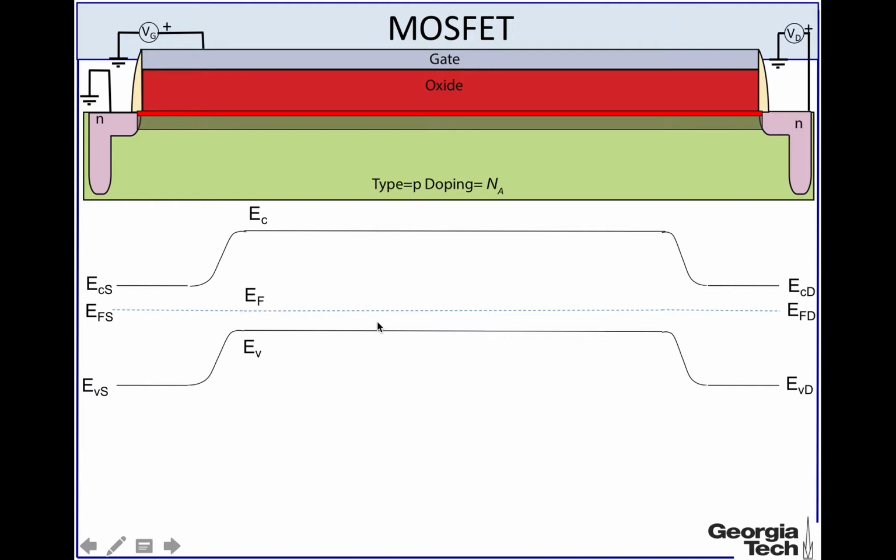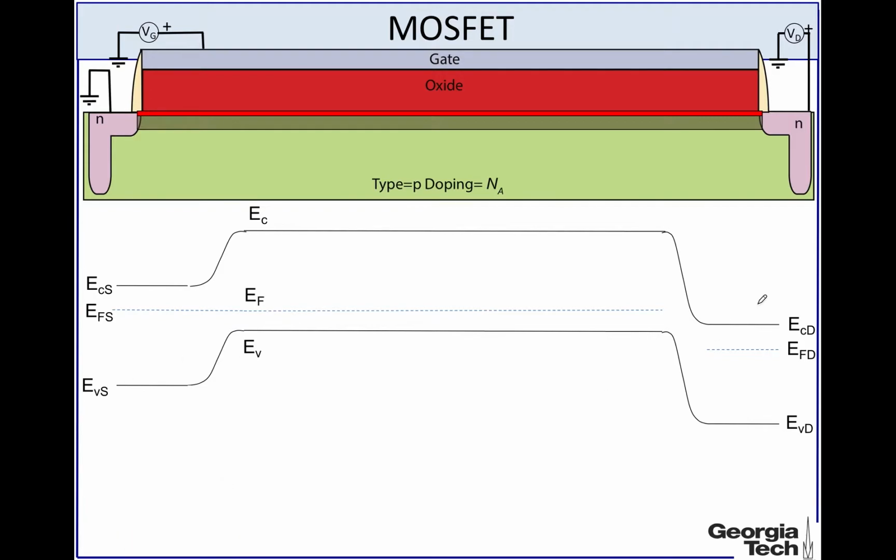All right, before we see the effect of the gate voltage, let's see how the energy band diagram changes when you have a drain voltage. Say you have applied a drain voltage. What will happen is that the energy bands on the drain side will decrease, and the amount by which they go down will be equal to QVD.